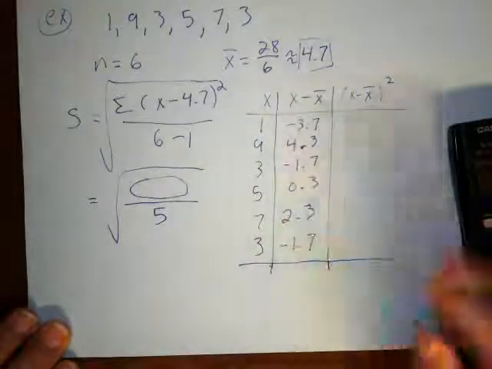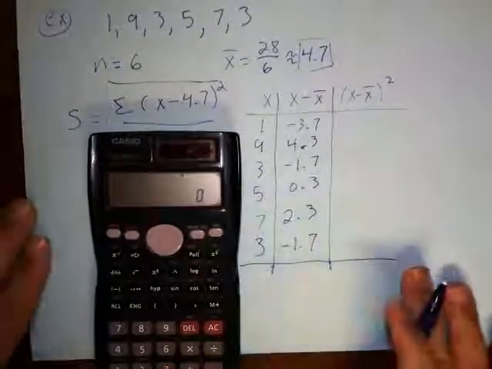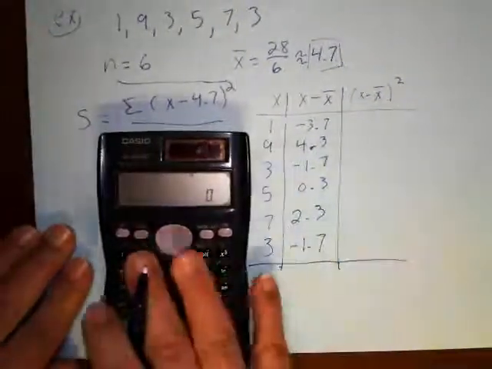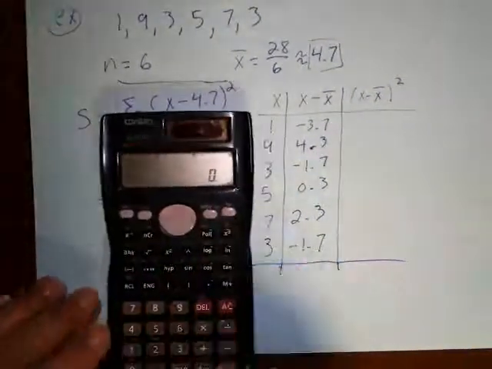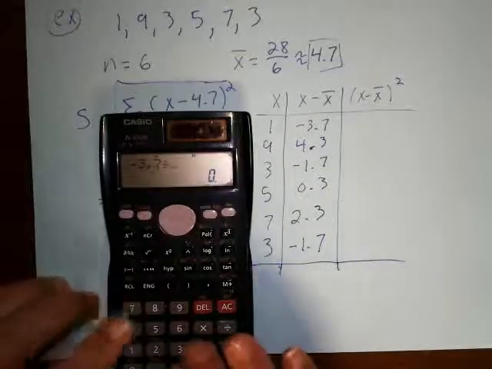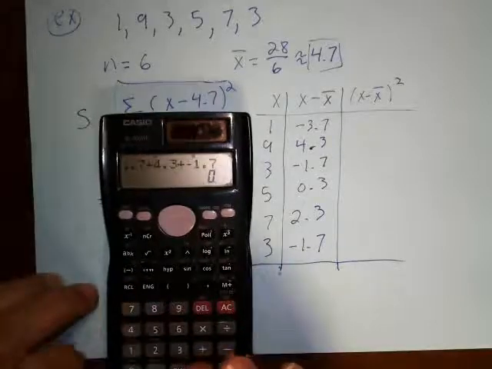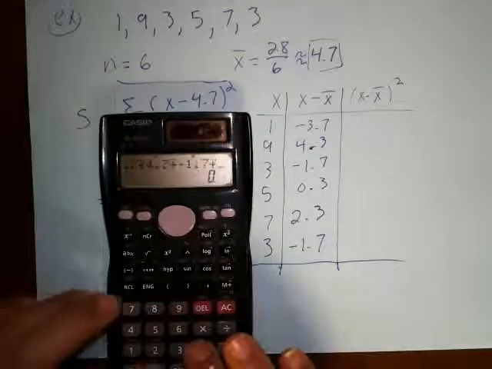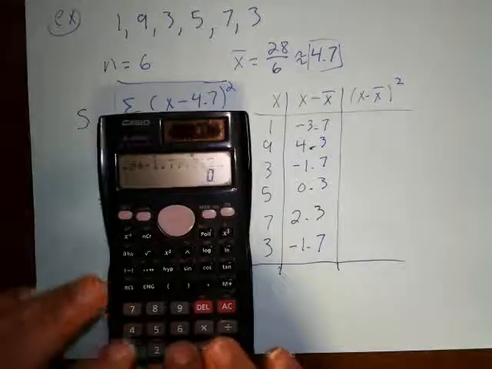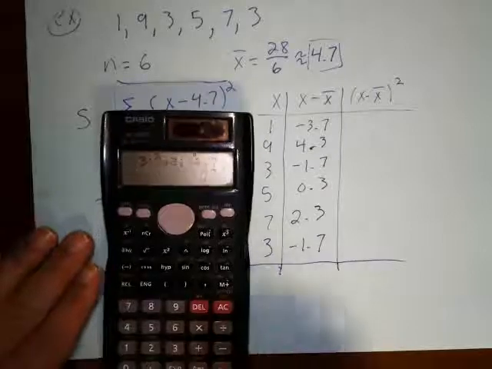Also, when I go to add these up, they will not necessarily cancel each other out exactly, but they should be close. So let's see what happens when I add these up. So negative 3.7 plus 4.3 plus negative 1.7 plus 0.3 plus 2.3 plus negative 1.7.